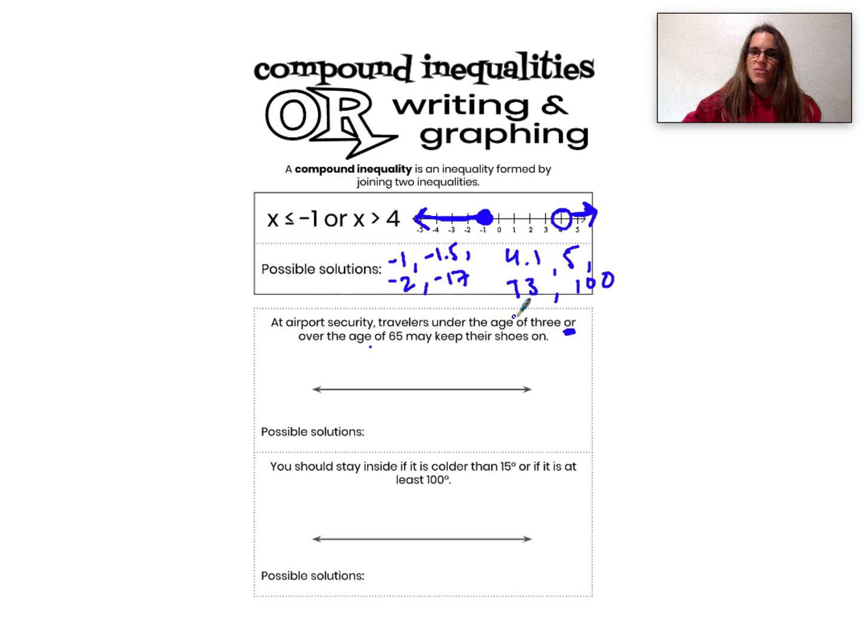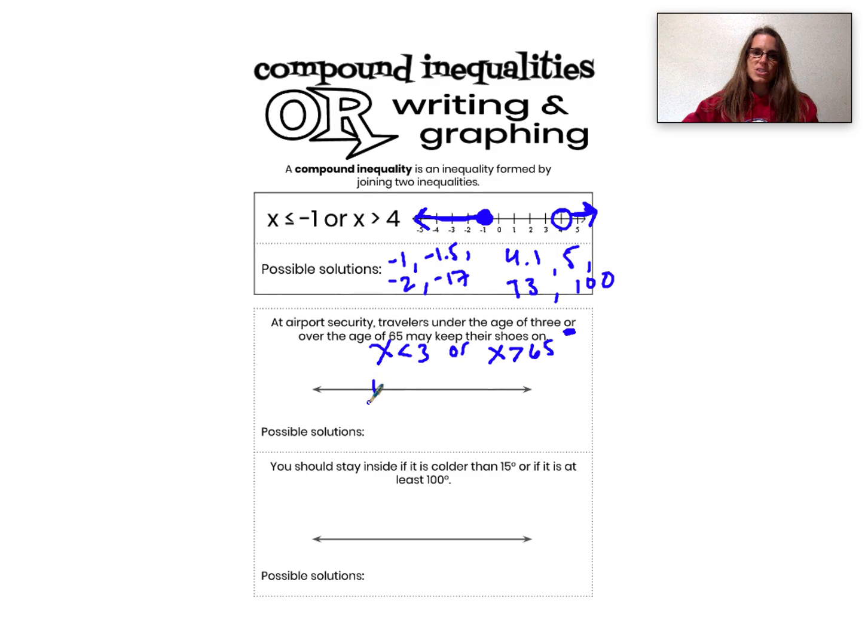So we have two different inequalities to describe this. Ages under 3 or ages over 65. So this is described by an or. It has the word or in it, and it gives two separate inequalities, less than 3 or over 65.